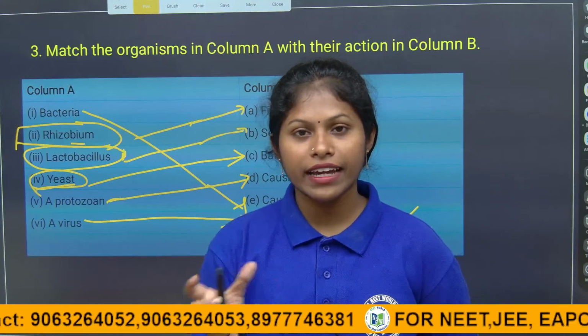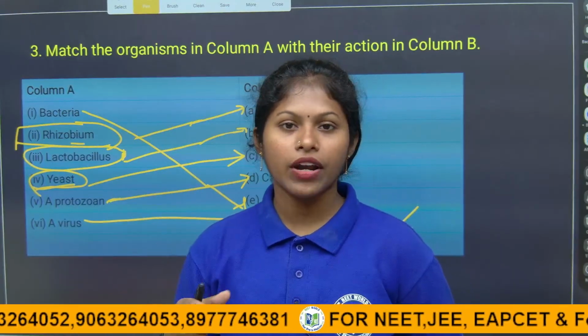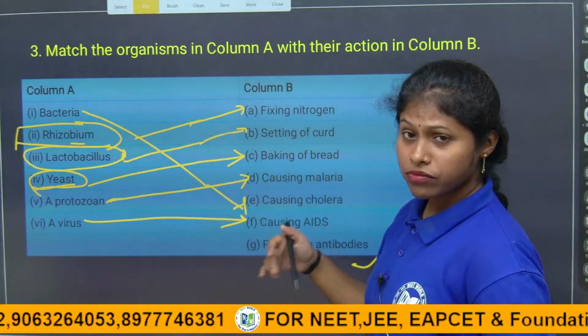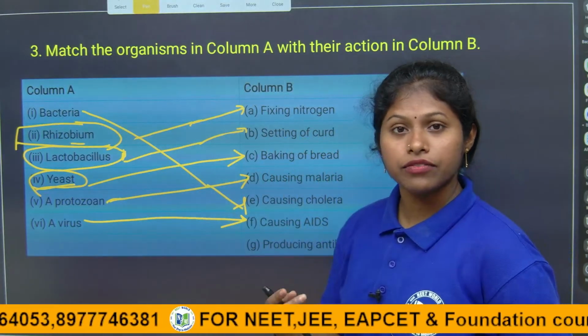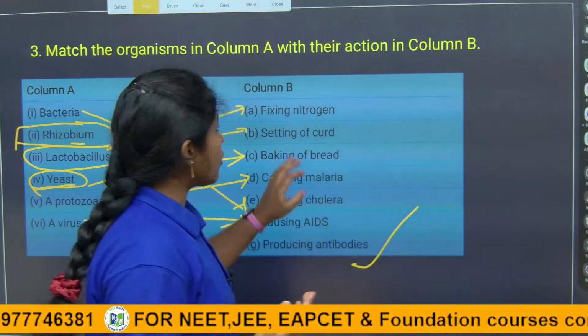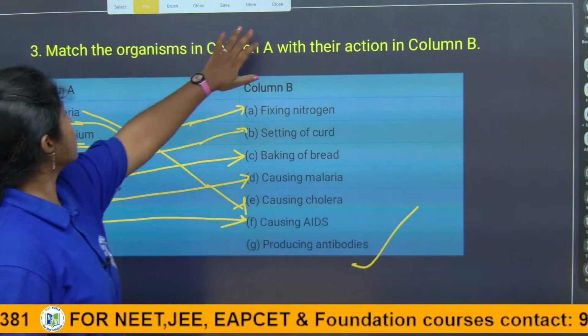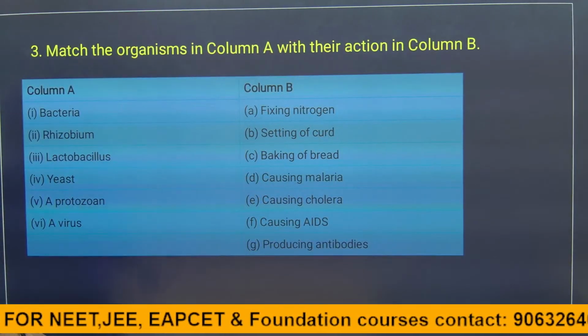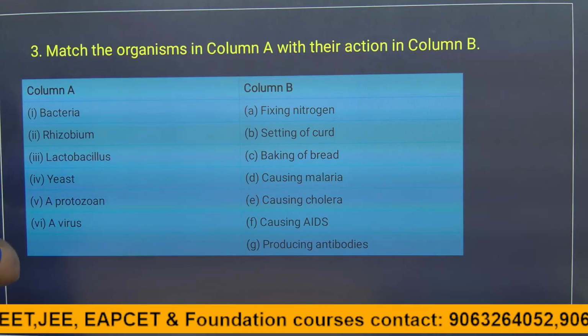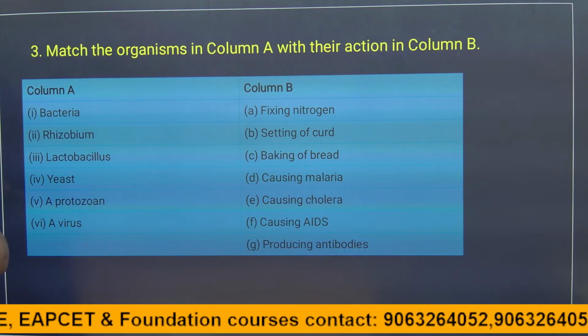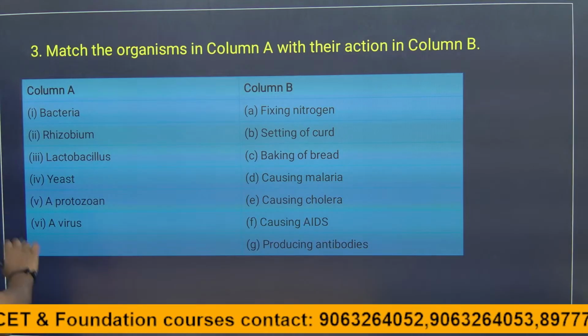If it is given directly, we can make it a right answer, right? This is how we have to match the correct options. So these are up to the questions of match the following and also fill in the blanks.